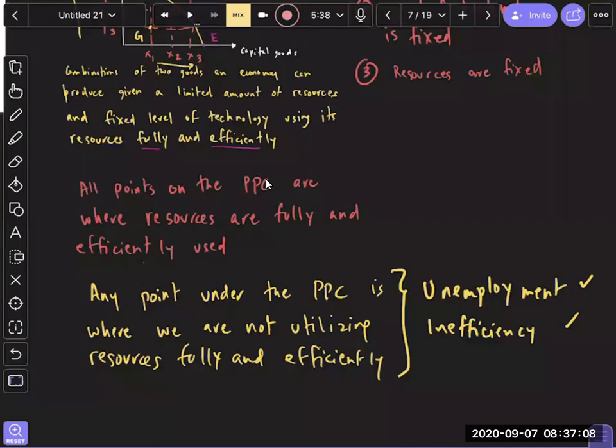I mean, is it unrealistic? Yeah, but can I ask you something? Alina, shouldn't the economy use its resources fully and efficiently given they are scarce? Because they're scarce.